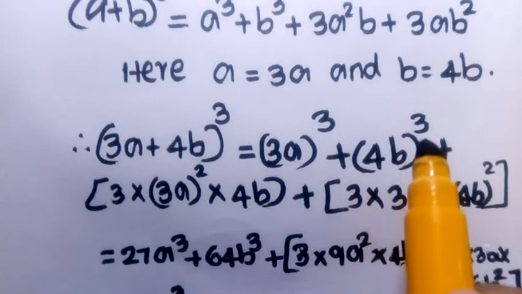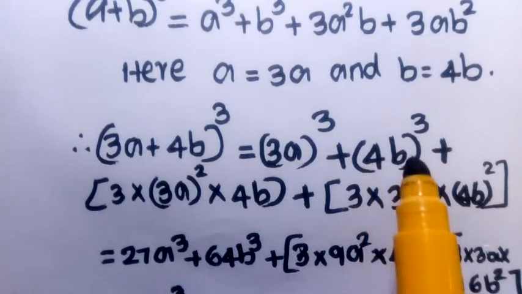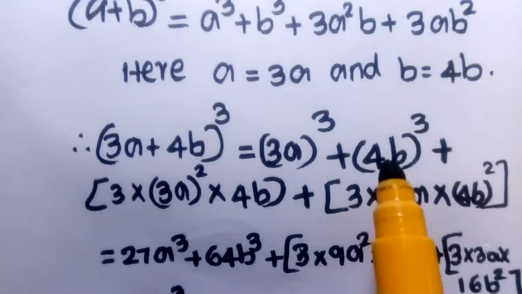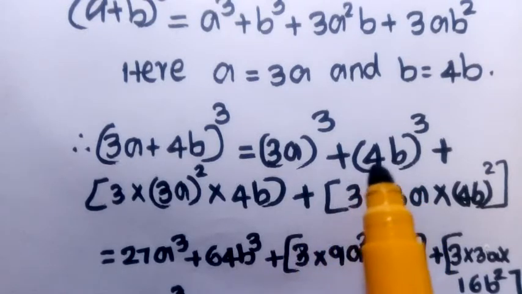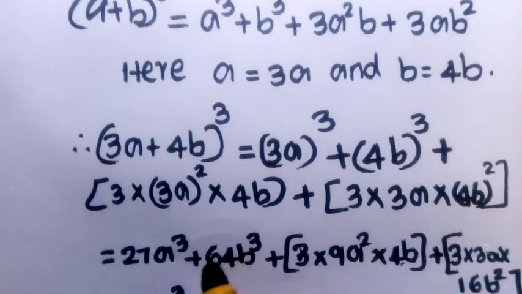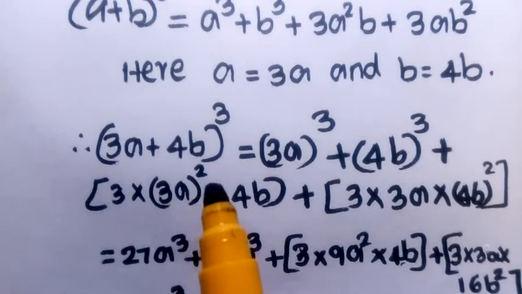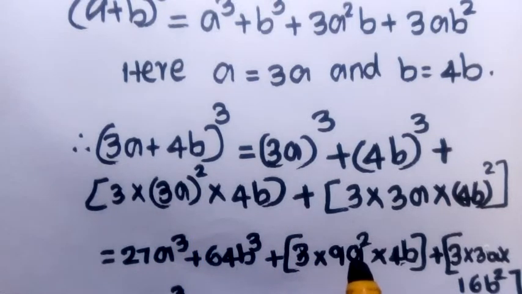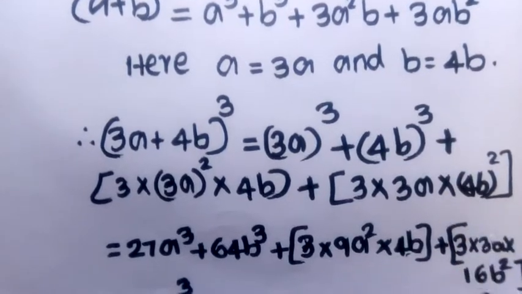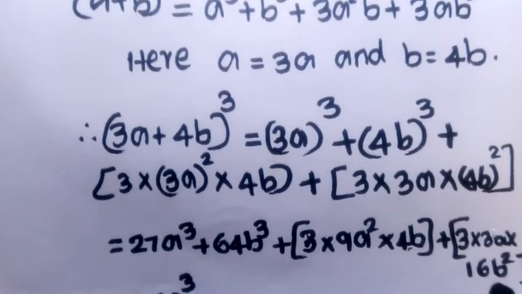Plus (4B) whole cube means 4 cube into B cube. 4 cube is equal to 4 into 4 into 4 which is equal to 64. So (4B) the whole cube is equal to 64B cube. Plus 3 into (3A) whole square is equal to 9A square into 4B. Plus 3 into 3A into (4B) whole square is equal to 16B square.